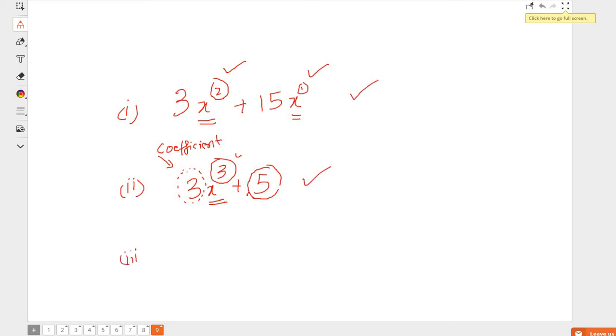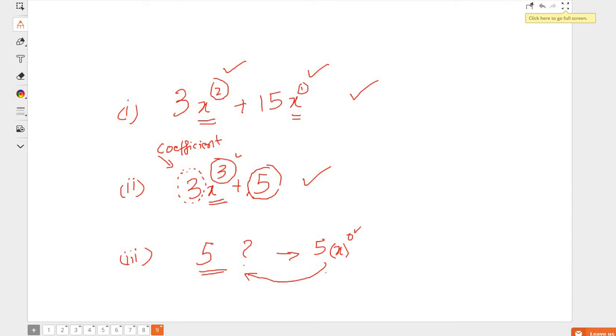Let us consider a third case. If I say just 5, is it a polynomial? The important thing to notice is we do not have a variable expression here. But if I were to write this as 5 times x to the power 0, we know 0 is a whole number, so this is the same as our expression 5.